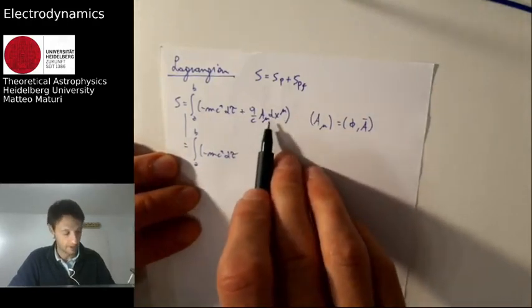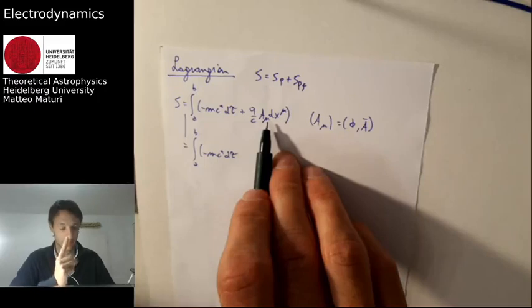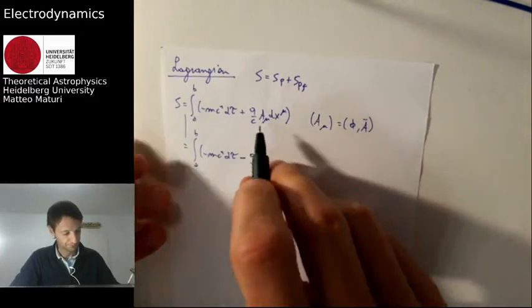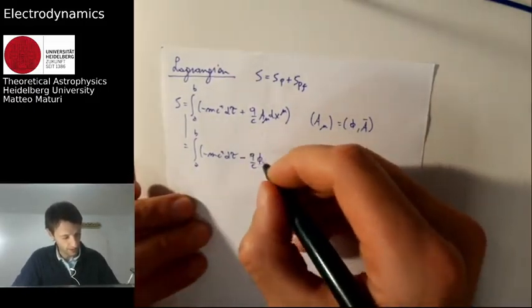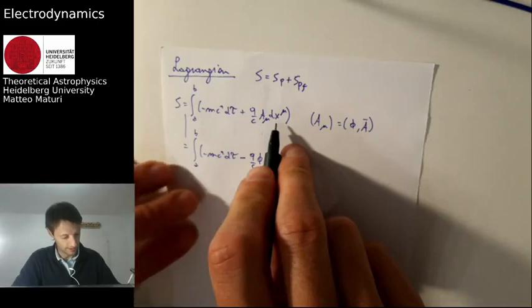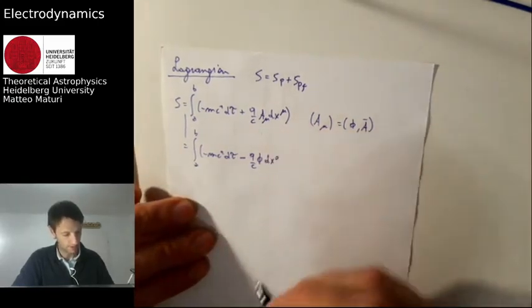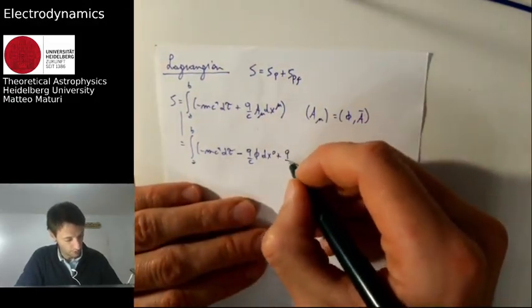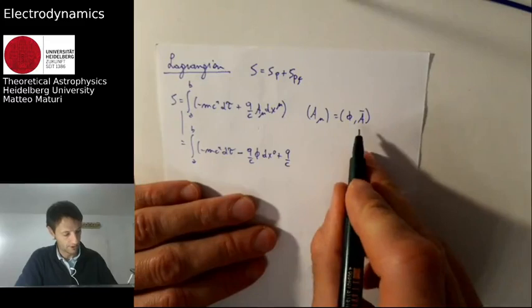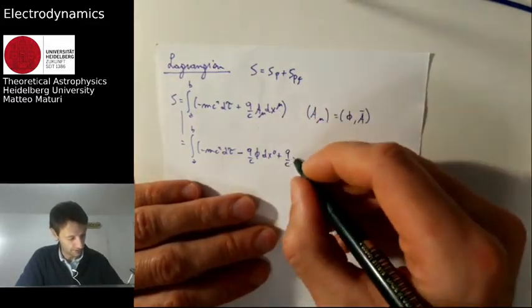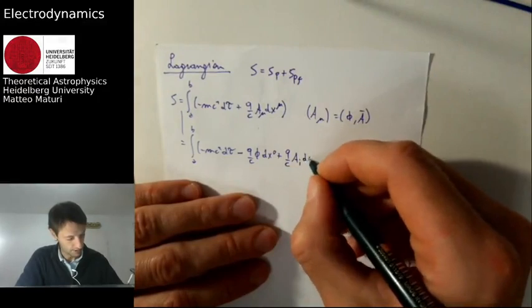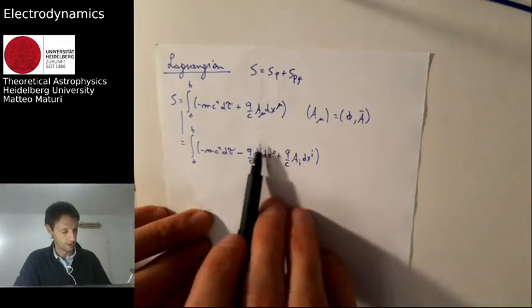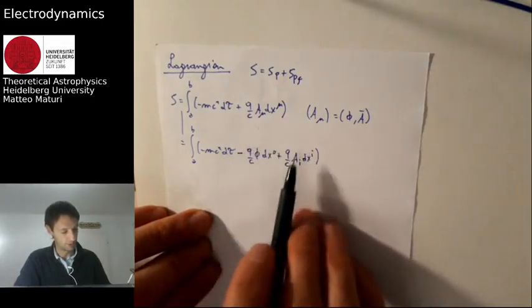Remember that there is the metric hidden inside. The first term of the metric is -1. Therefore, we have minus q over c phi, and then c, and then the dx0. Okay. Then plus q over c, and then we have the rest of the vector multiplied by dx i, A i dx i. Okay, so I exploded the symmetry. I split the time component from the space component.